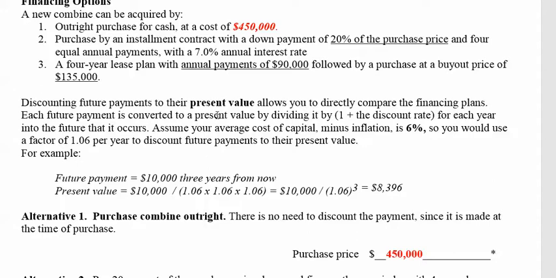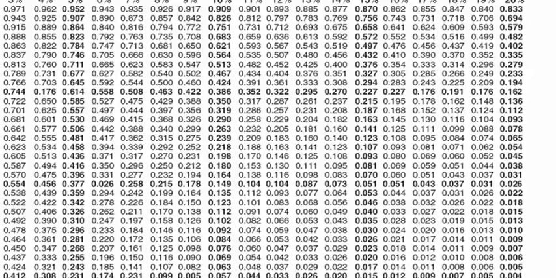Another way to do that, by the way, instead of dividing by 1 plus the discount rate, like it's shown here, is to simply take our annual payment times our present value table number.